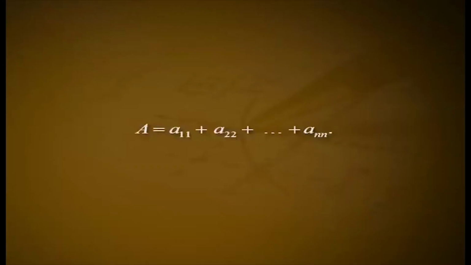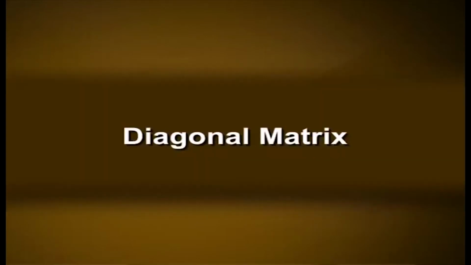The sum of the diagonal elements of a square matrix A is called the trace of A, that is, trace of A is equal to A11 plus A22 plus etc. plus Ann. Diagonal matrix: a square matrix is called a diagonal matrix if all its non-diagonal elements are 0, that is, an n square matrix A is a diagonal matrix if Aij is equal to 0 for i not equal to j.